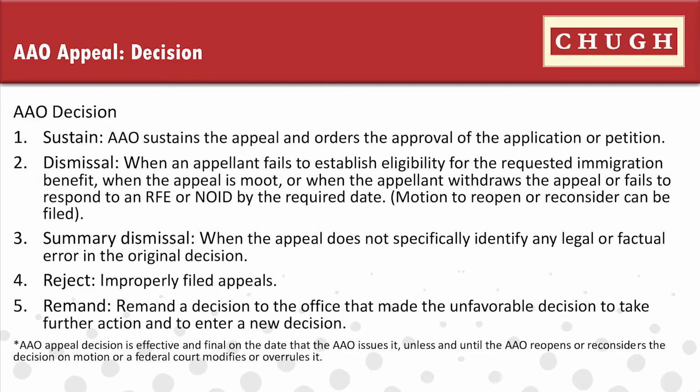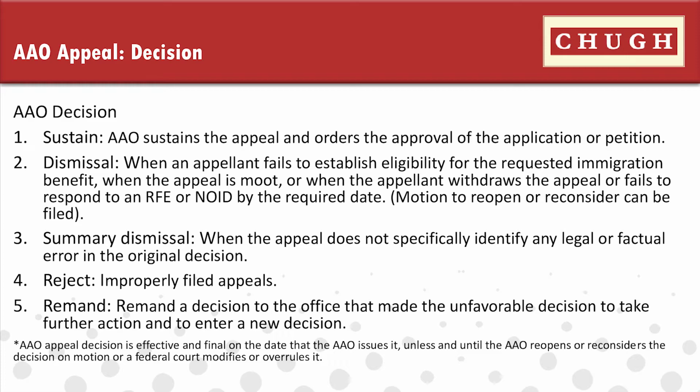And remand is a decision that the AAO issues to the office that made the unfavorable decision, to take further action or to enter a new decision. So when you see remand, it's a good sign, but it's not a guarantee that the field office will approve your case. Otherwise the AAO would just sustain the case.